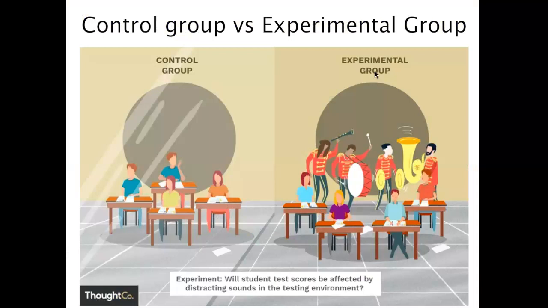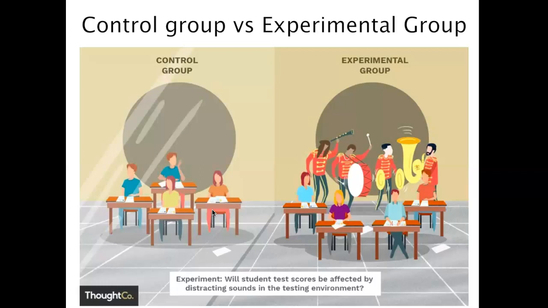Okay. So moving on to creating the experiment. A good experiment will have a control group and an experimental group. A control group is a group of people, or it can be a group of plants, or whatever you're working with. You have a set of the experiment that you're not using the independent variable on.